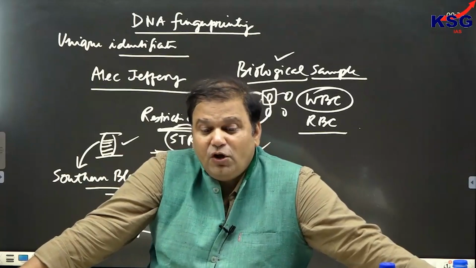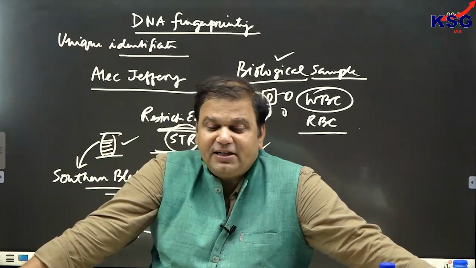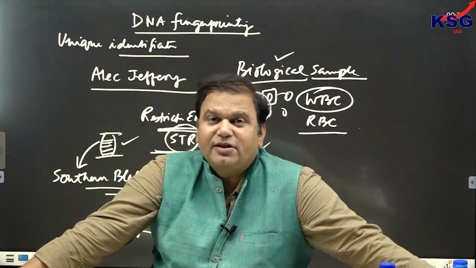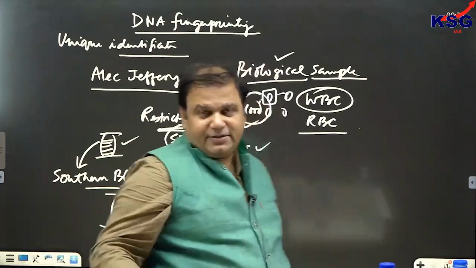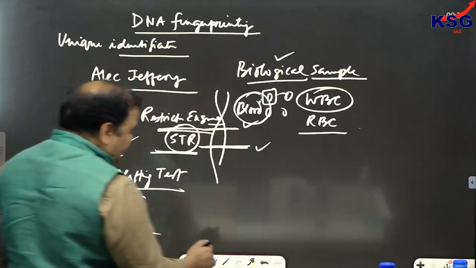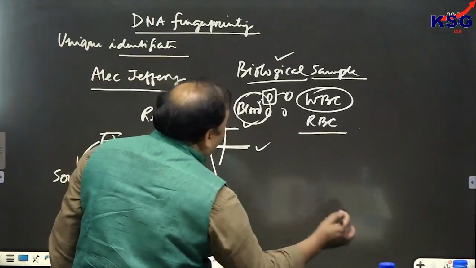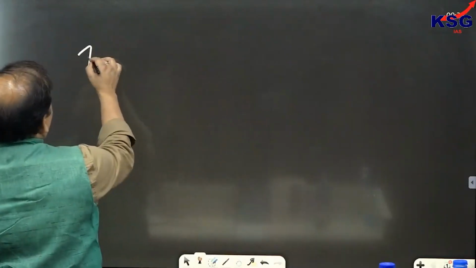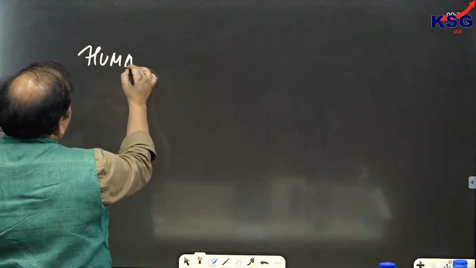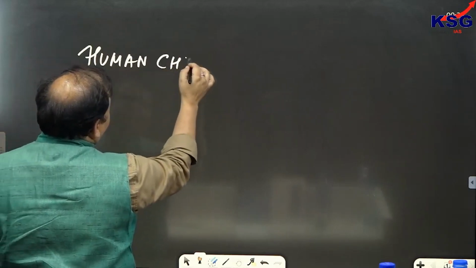क्यों? Why cannot DNA fingerprinting be considered as foolproof identification of an individual? Why is that? Because there is a term called human chimera. अब देखो, एक टर्म है जिसको हम लोग कहते हैं human chimera.